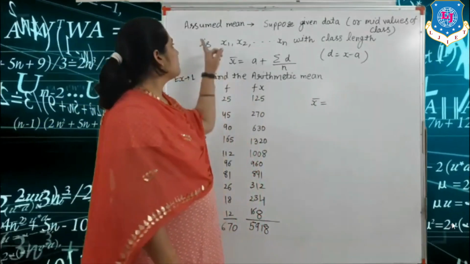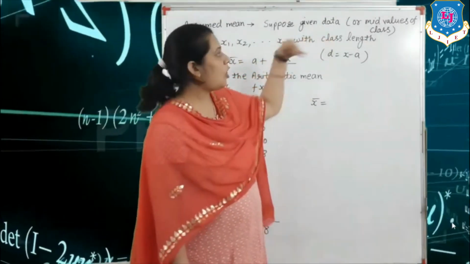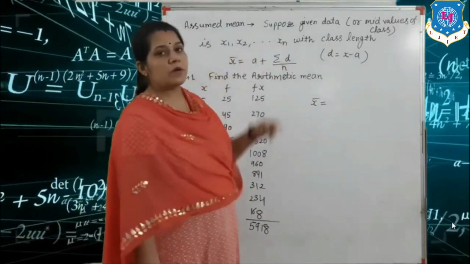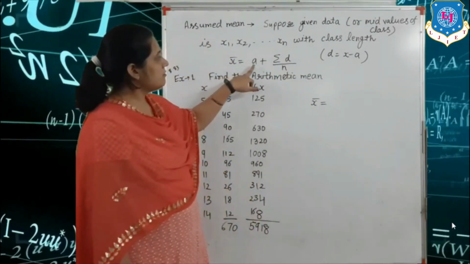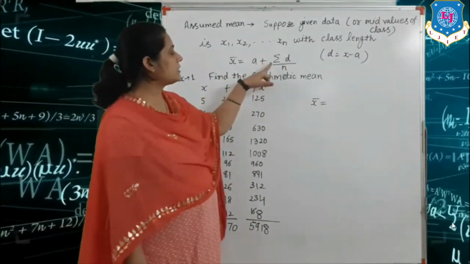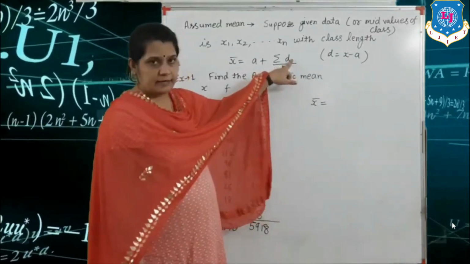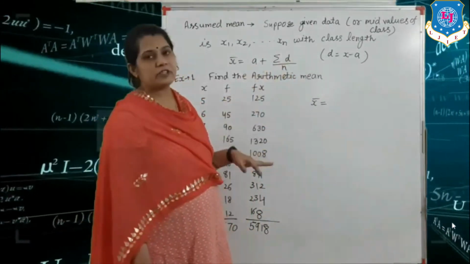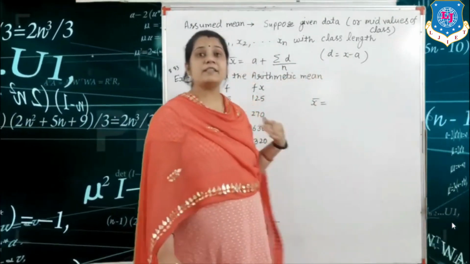The definition of the assumed mean is: suppose given data or mid value of class C is x1, x2 up to xn with class length. Here x bar is equal to a plus summation d upon n. Sometimes we write the summation i is equal to 1 to n of di. You can write summation i is equal to 1 to n or summation d upon n, both are correct. And d is equal to x minus a.